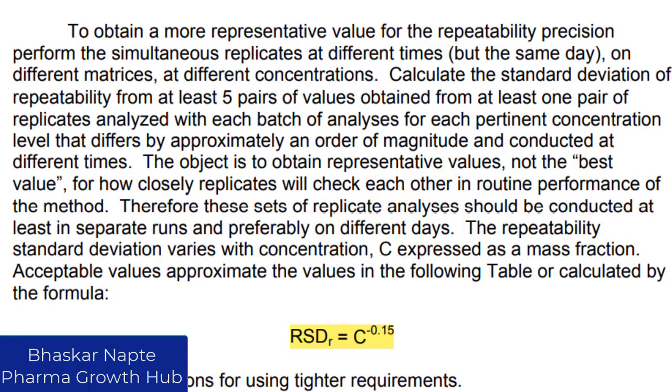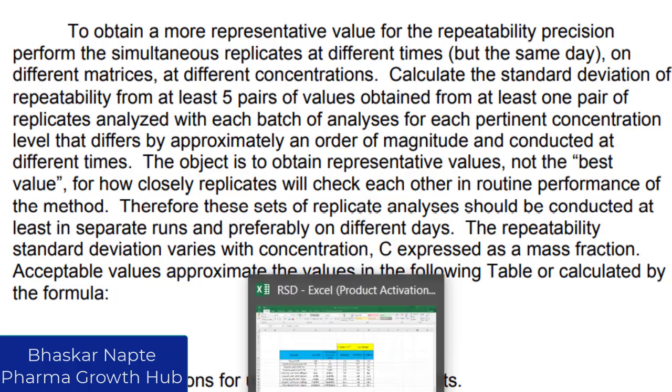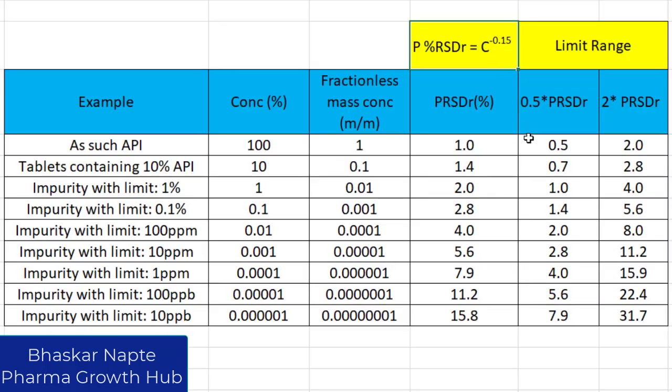RSDR is equal to C raised to minus 0.15. And you can see the similar calculations over here. RSDR is equal to C raised to minus 0.15, and these are the RSD requirements, the predicted percent RSD across the different concentrations ranging from 100% to 10 ppb.